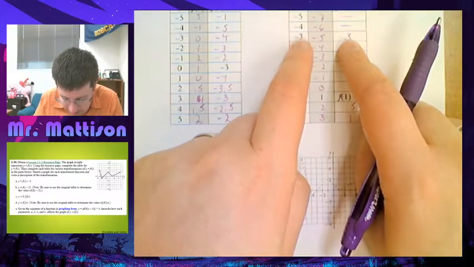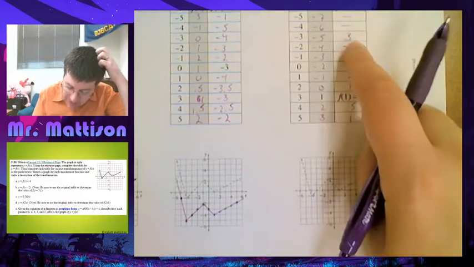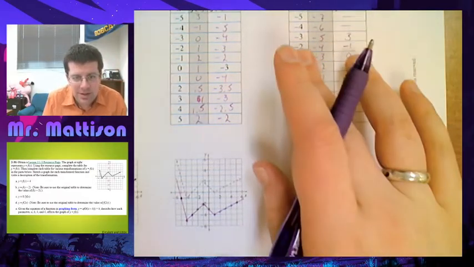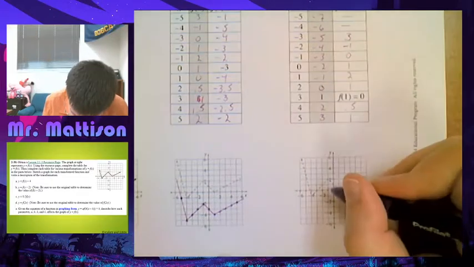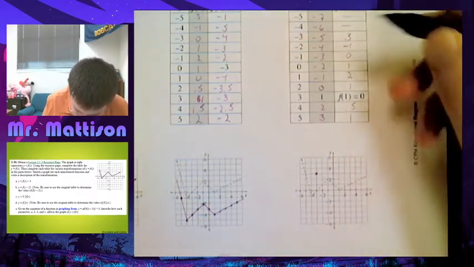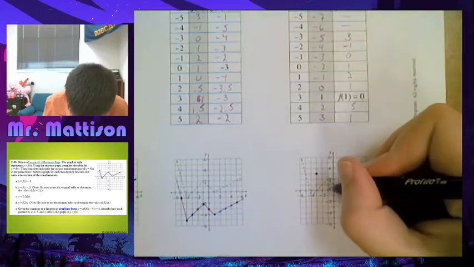negative 3, because again, now I'm plotting it, I'm plotting the white portions. So the point negative 3, 3. The point negative 2, negative 1.